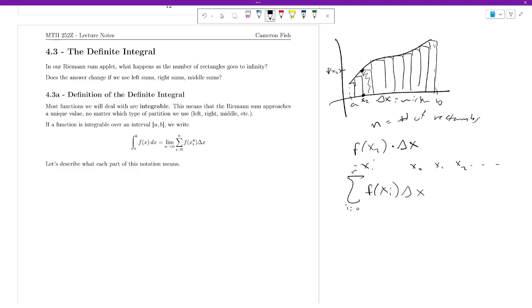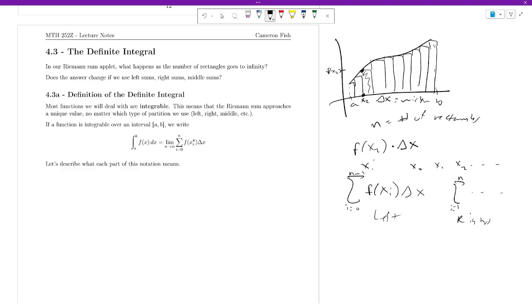Last time we had a fixed value of n. By the way, I said that with a left sum, this should be n minus 1. And for a right sum, it should be i equals 1 to n, not 0 to n.